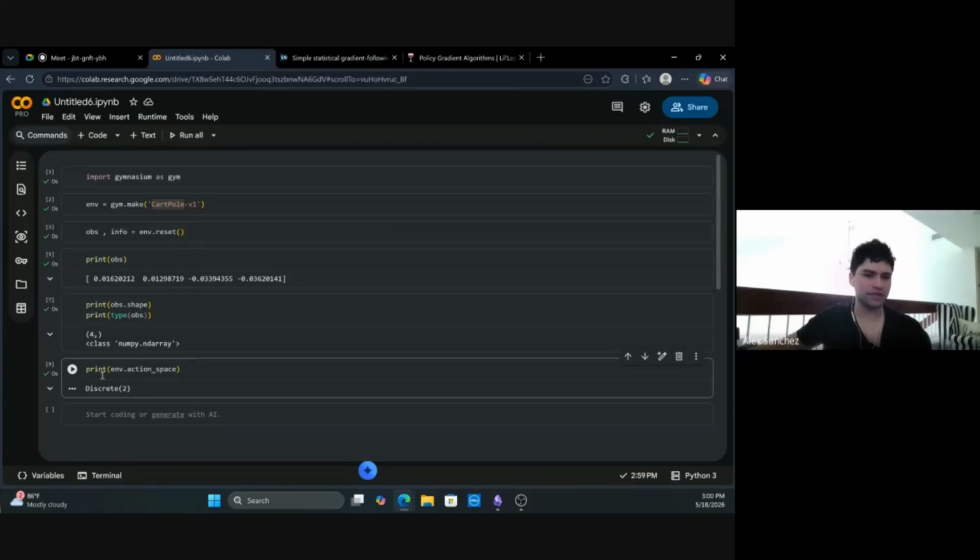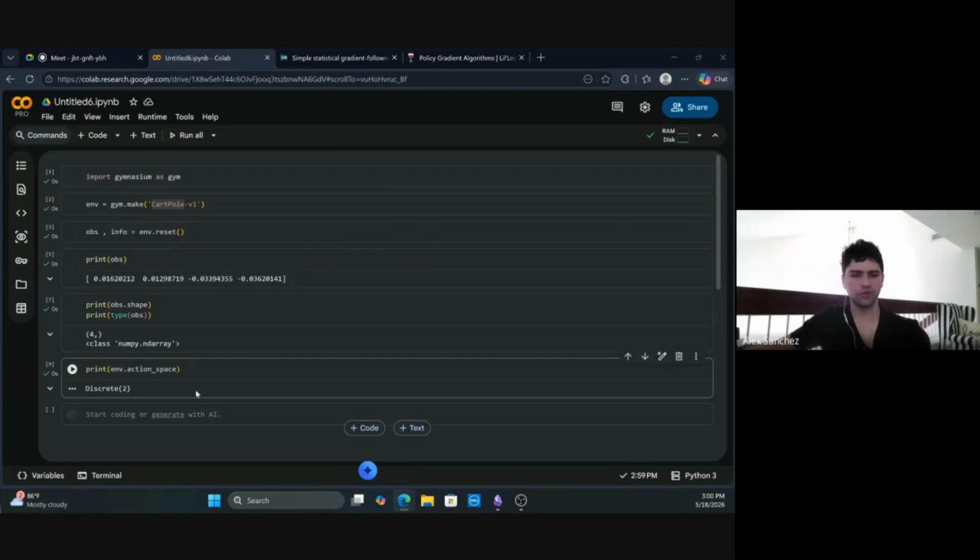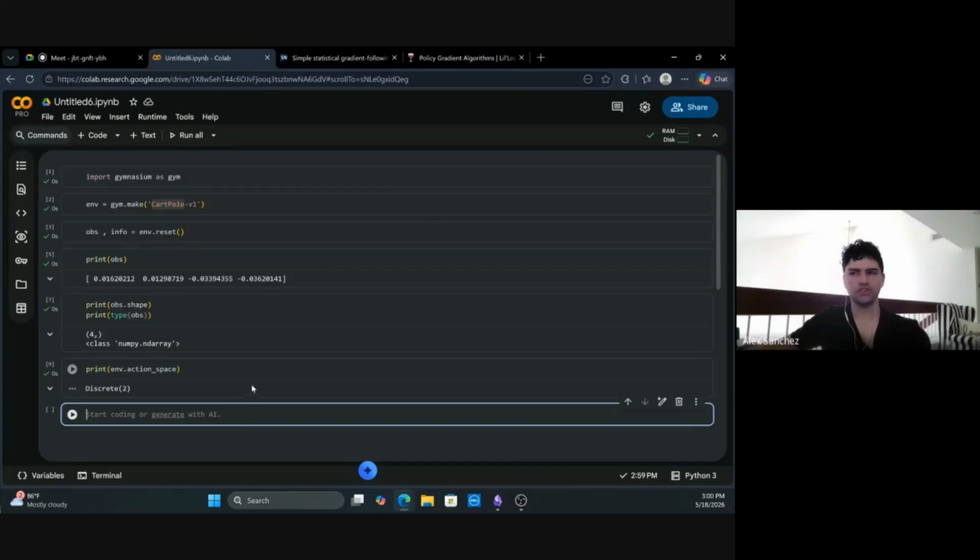In that case, things get a little bit more difficult to train, but the action space would say continuous, and then we give a range, let's say 0 and 1. So it could be like 0.661, 0.391, things like that, right?